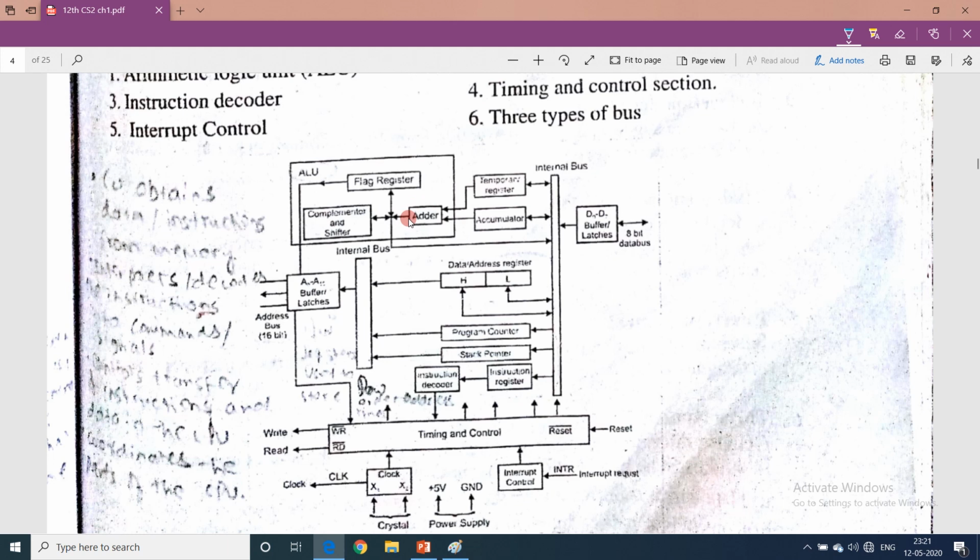It is a circuit block within the circuit. The ALU is a digital circuit, and within that it has a circuit named binary adder, with which the accumulator and the temporary register are connected. We learned about the accumulator and temporary register in the previous video.